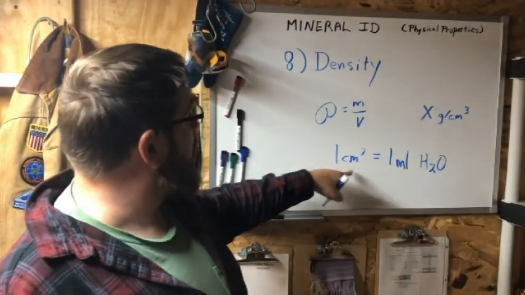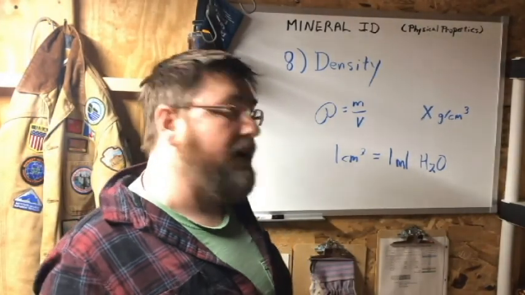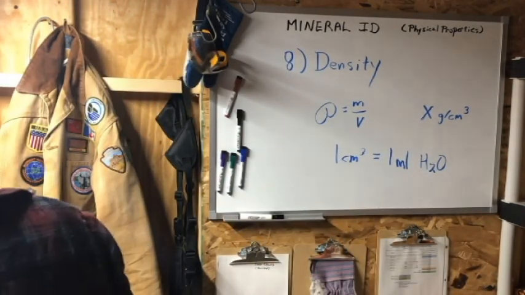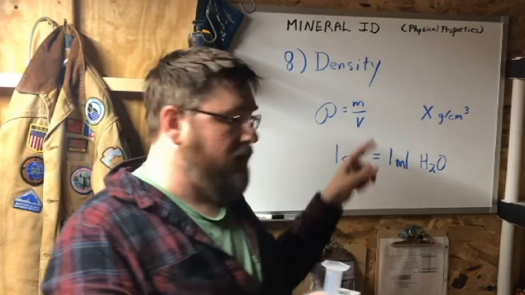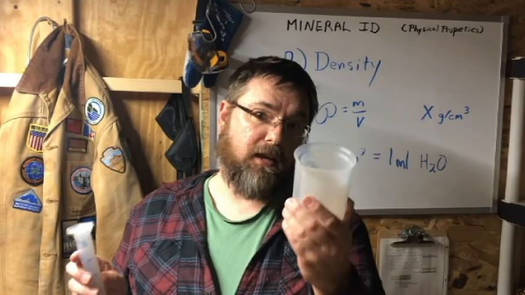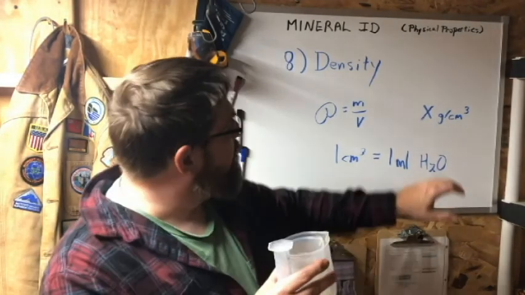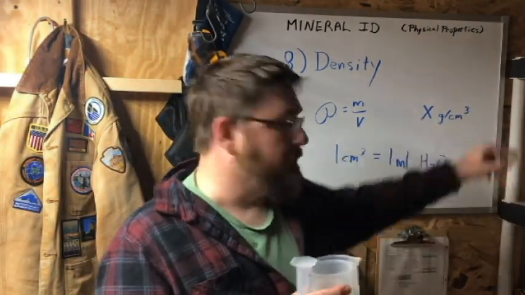So the two are interchangeable, because when you run a density test, you'll get your mass from a scale, and you don't need a lot to do this. And you'll get your volume via graduated cylinders or graduated beakers. Graduated just means they have marks on them. But these are all milliliters. But you need something in centimeters cubed.